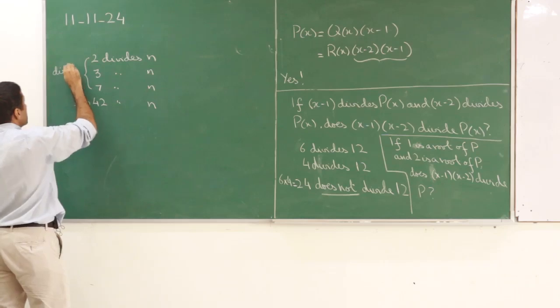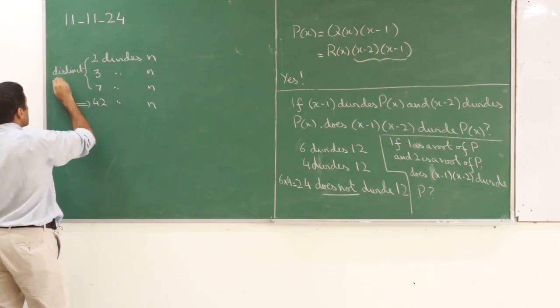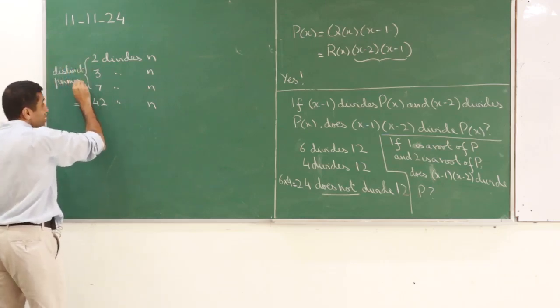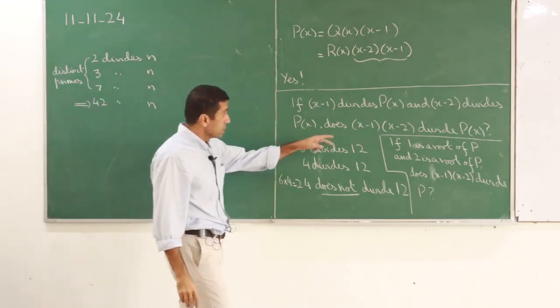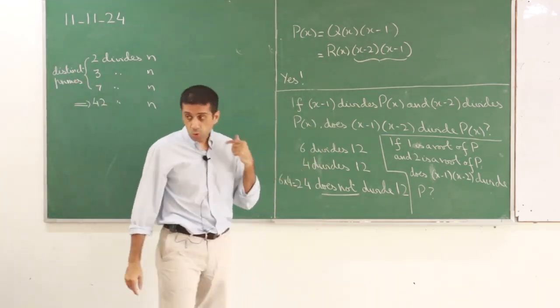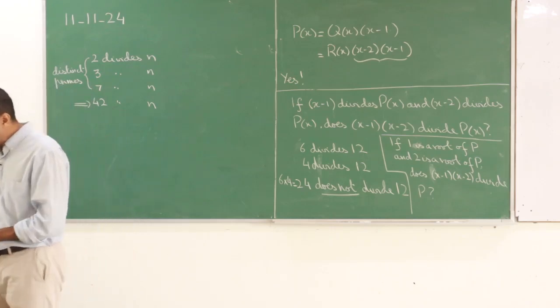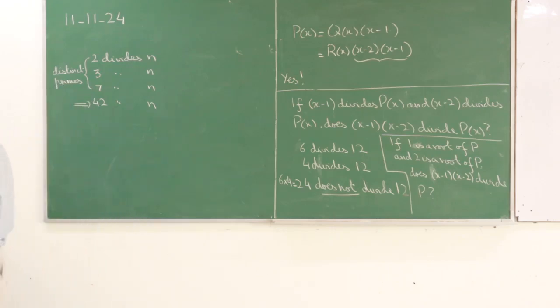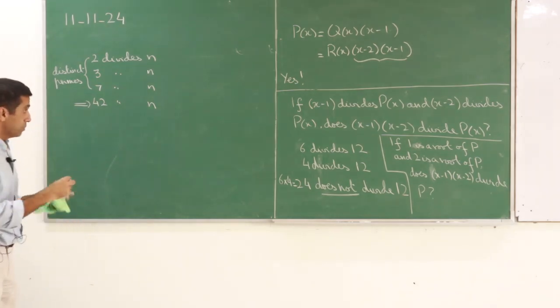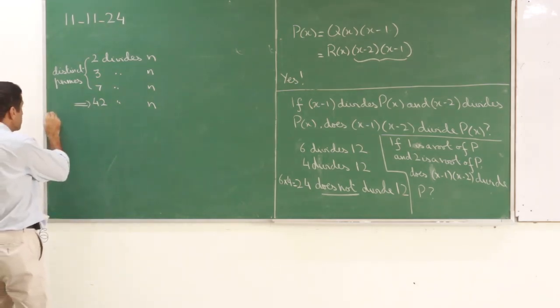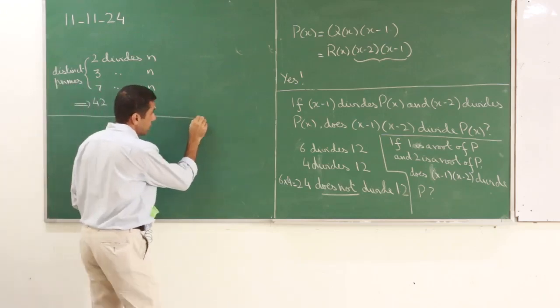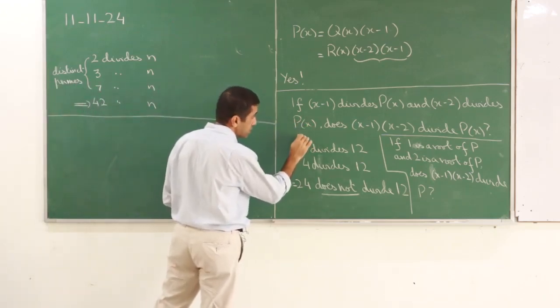So you can see that these linear polynomials are playing the role of distinct primes. All of that depends on more theory that we are not going to consider in school, but I'm just trying to build an analogy here. But the answer to this question is yes.